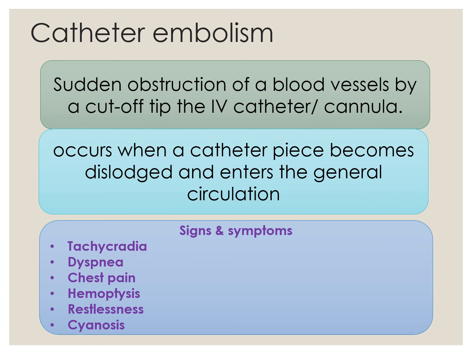This occurs when a catheter piece or the tip of the catheter becomes dislodged and enters the general circulation and can lodge in any arteries in the heart or lung, which will lead to serious complications. You may notice on the patient signs and symptoms like tachycardia, dyspnea, chest pain, or cyanosis.